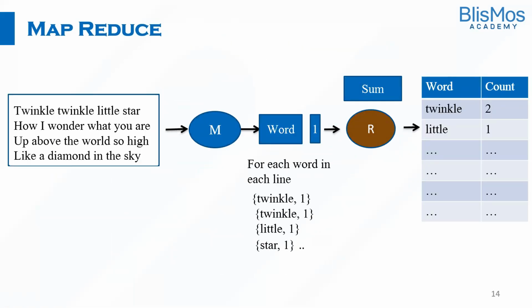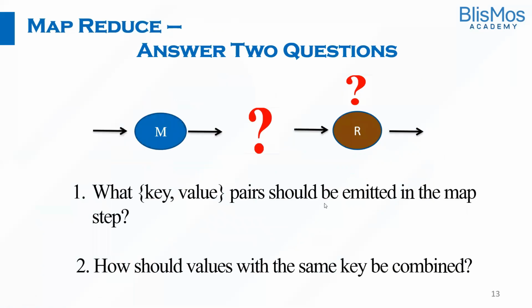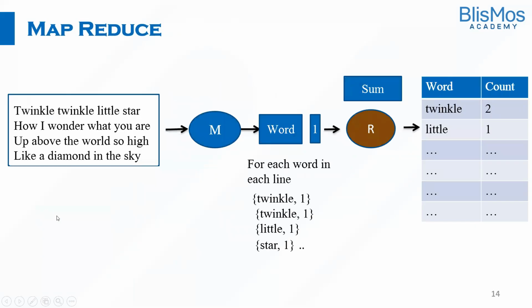Let us summarize the example we just discussed by answering these two questions. The first question is, what key value pair should be emitted in the map step? What is our input data? Our input data is a text file, a partition within that. In the mapper, we need to take a word and give that word a frequency.